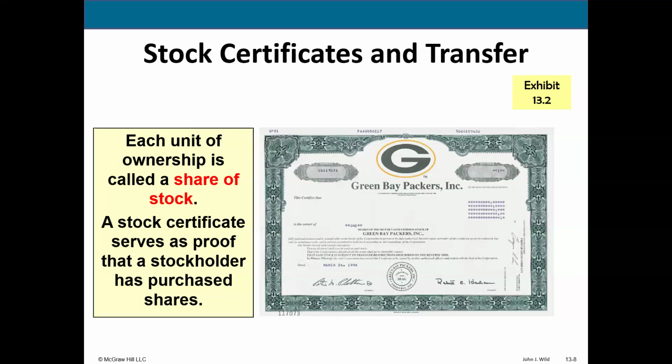That's where the name stock came from. And it shows the serial number. It shows the par value of the share of stock. It shows what it's for, when it was issued, who it was issued to.